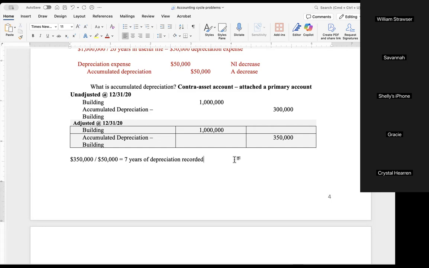Subtraction can be your friend or your enemy. You can subtract in this case, but I would also count backwards just to be sure. You could take 7 and subtract it from 20, and you'll get 12/31/13. That is correct.